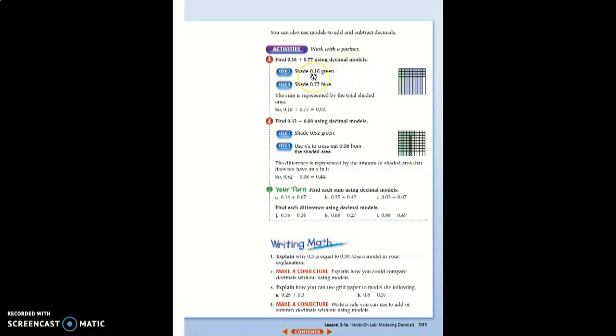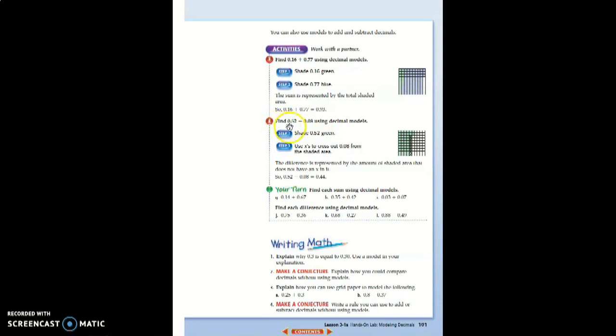Shade 0.16 green. Step 2. Shade 0.77 blue. The sum is represented by the total shaded area. So 0.16 plus 0.77 is 0.93.